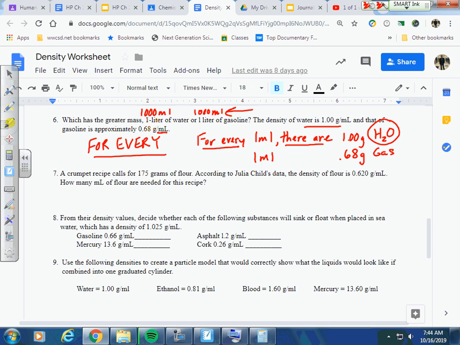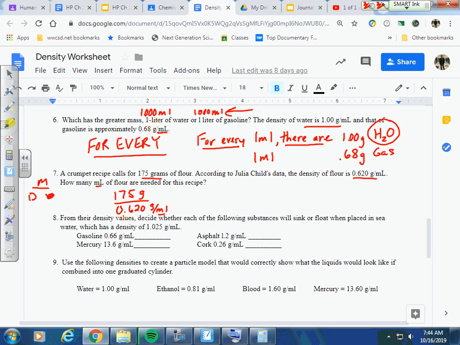All right, number 7, a crumpet recipe calls for 175 grams of flour. They're telling me mass. According to Julia Child's data, the density. They're telling me mass, they're telling me density. They probably want me to find volume. And sure enough, how many milliliters? That's the volume. All right, we want to find volume, so I'm going to take the mass and divide by the density. 175 grams divided by 0.620 grams per milliliter.